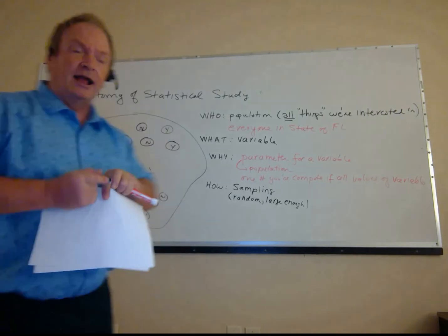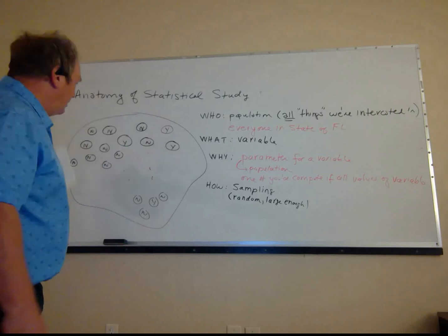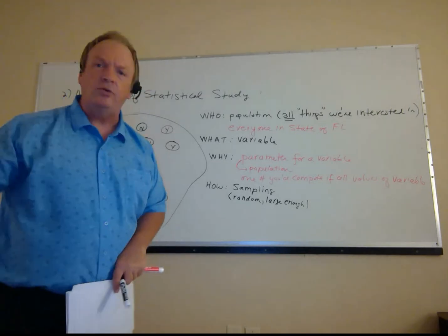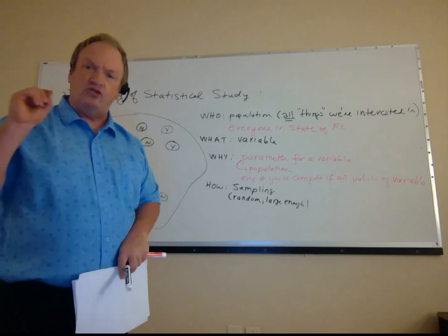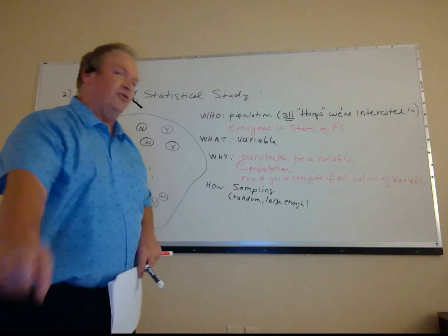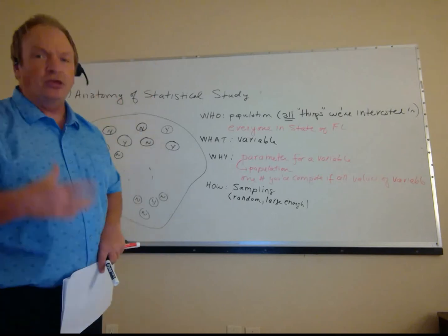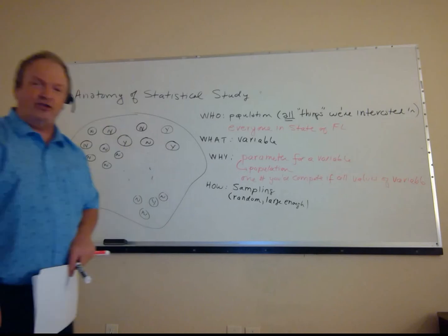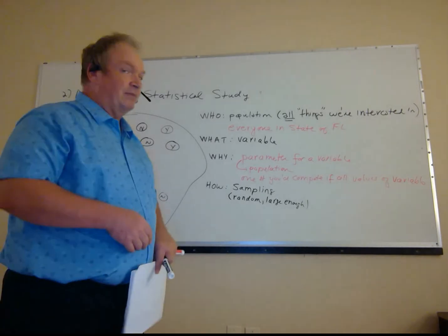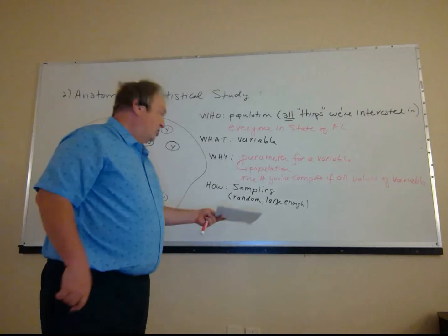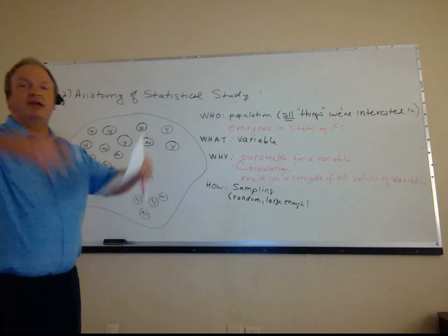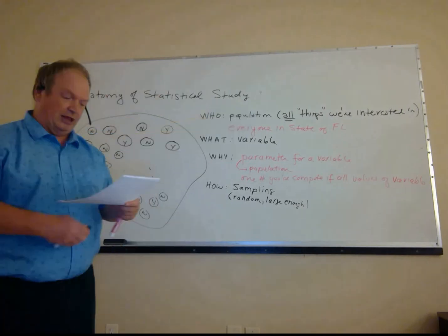So again, kind of going back to this ping pong ball sort of analogy, a statistician imagines mixing everyone up, and then choosing each individual randomly, just reaching in a bag, closing his eyes, and picking someone. How you do that in real life, it's a little trickier than that because people aren't ping pong balls, right? So that's a bit of an issue. But there are ways of doing it. And again, our sample has to be large enough. Too small, we can't make generalizations about the whole population, right?